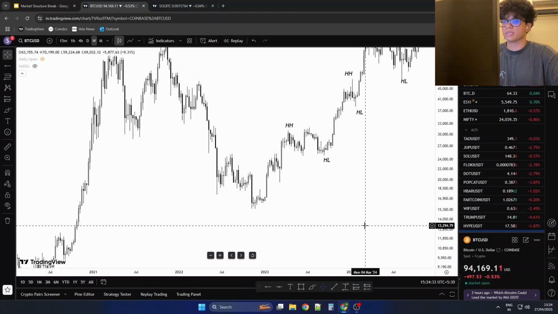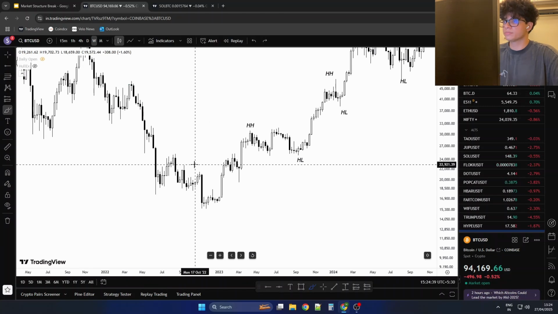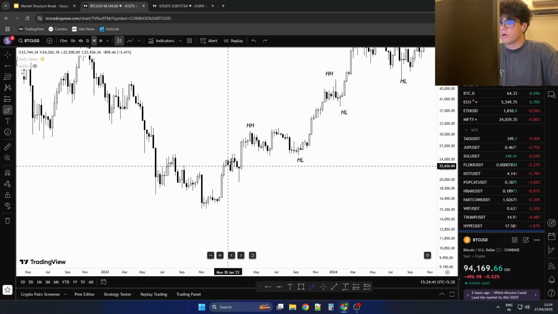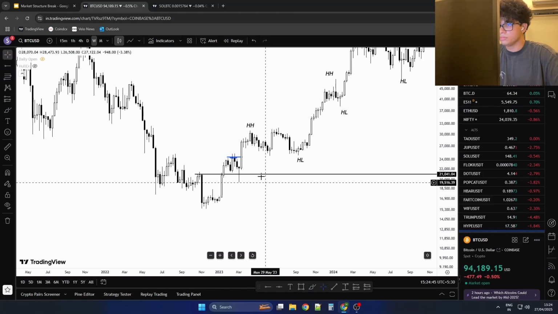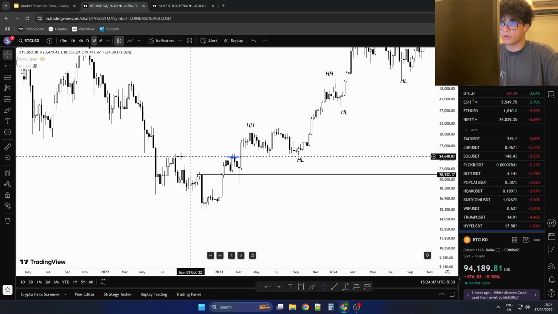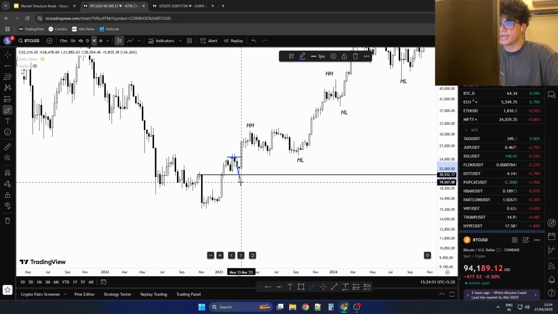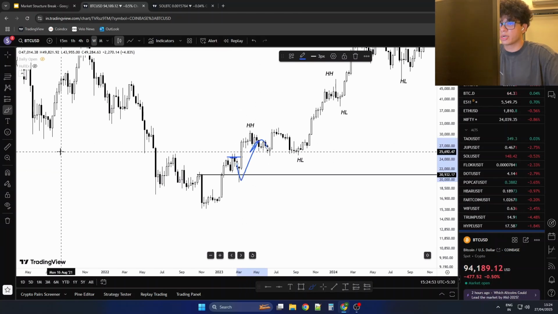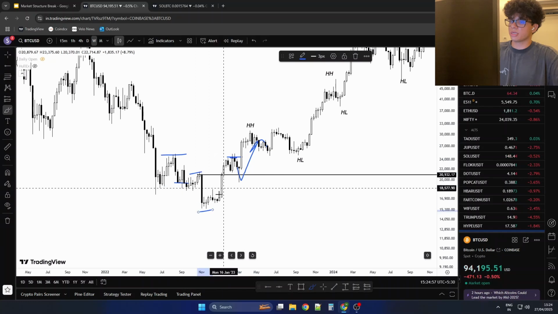Same thing on Bitcoin as well. In a downtrend, you guys can see that clearly. It forms a higher high. It does not completely pull back to this area, as you guys can see. It quickly retests this, and then straight goes up. Some market structure break, as you guys can clearly see.